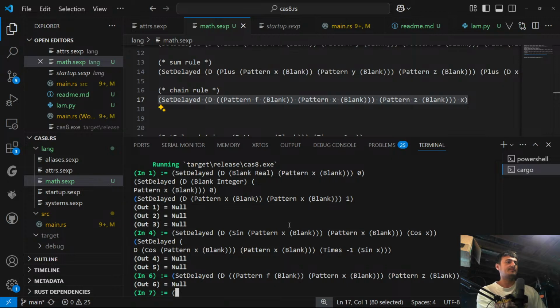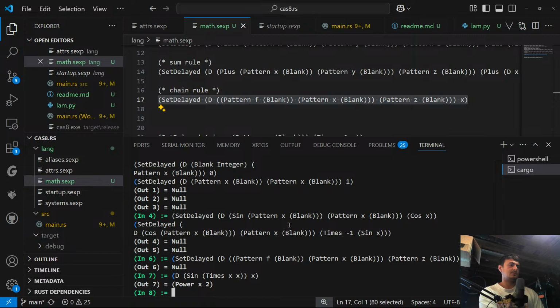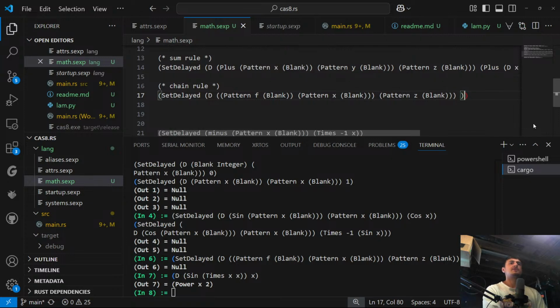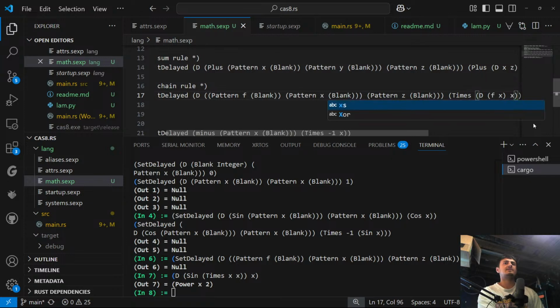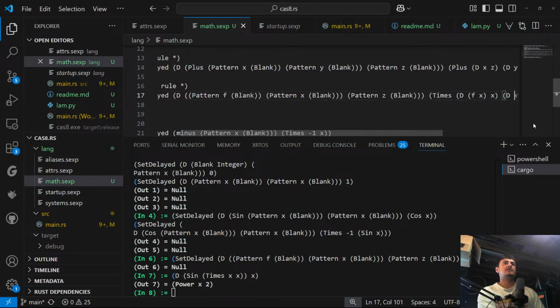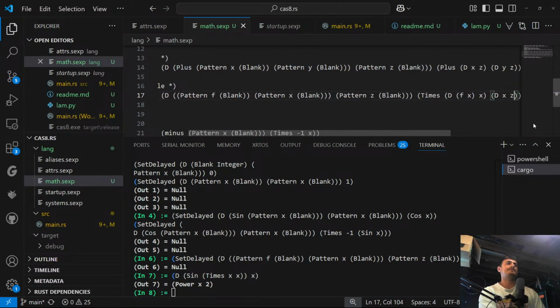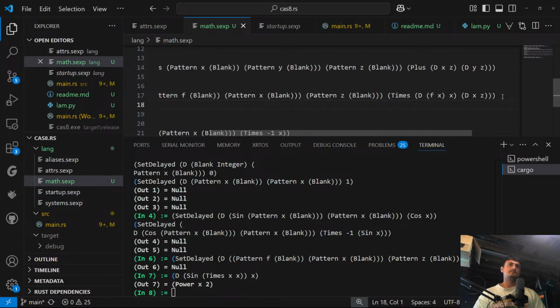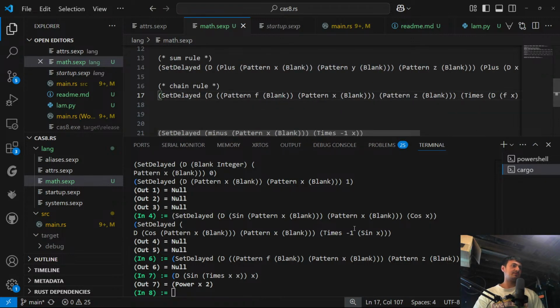So I want to do d of sine of x times x, times x. Okay, great. So now I want to revert back to what we had. So this is going to be times d f of x, dx dz. And that should be the chain rule.